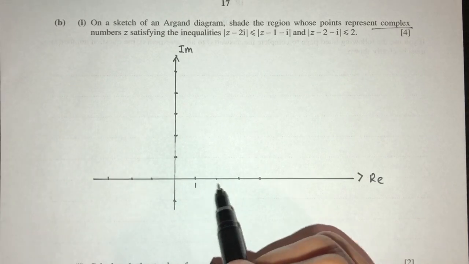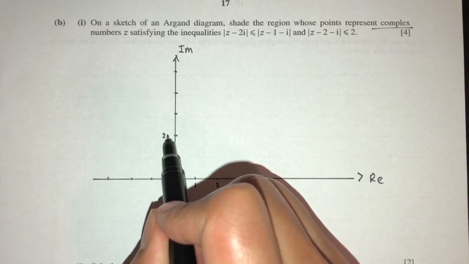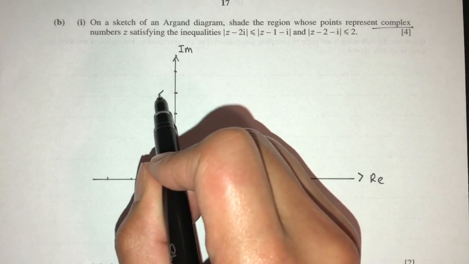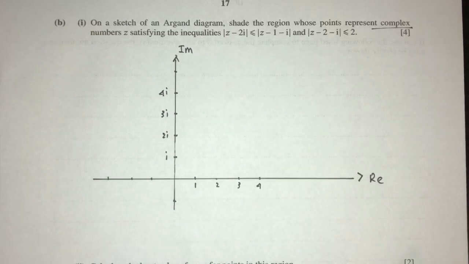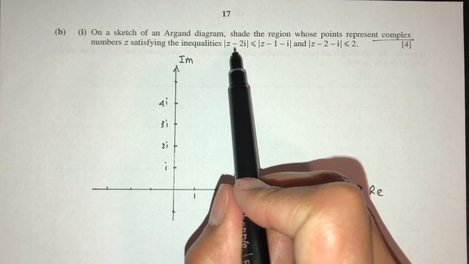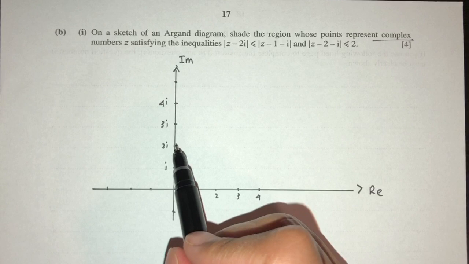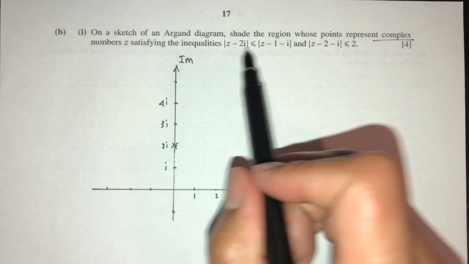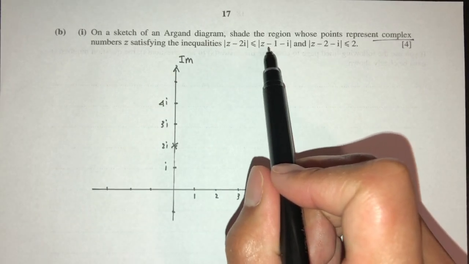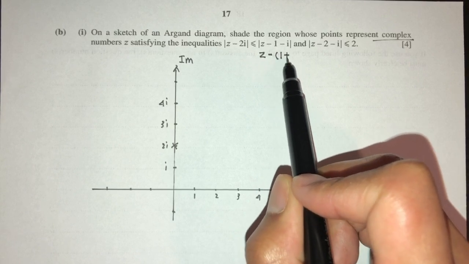So here we have 1, 2, 3, 4. Here we have i, 2i, 3i, and 4i, for example. Now for the first one, as you can see, it says the distance from z to this point of 2i, and from this one, so when you take out the minus, you will have z minus bracket 1 plus i.